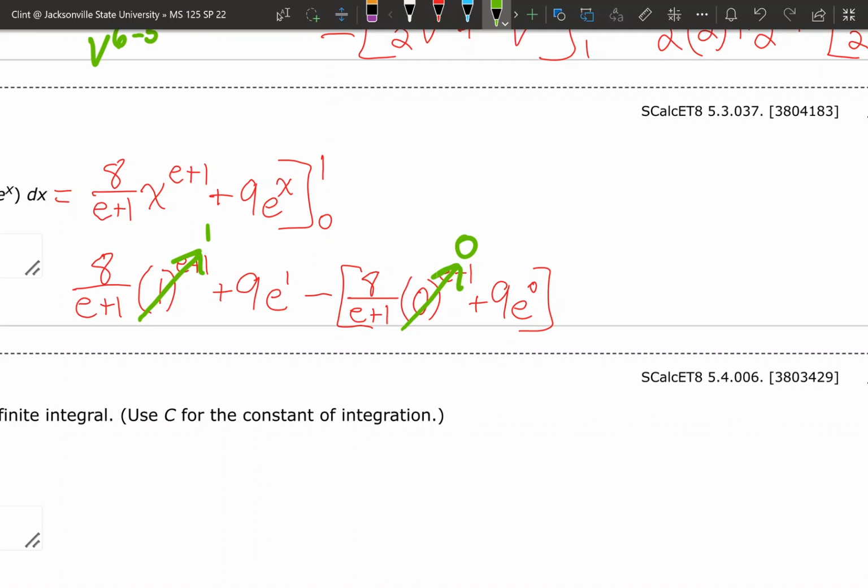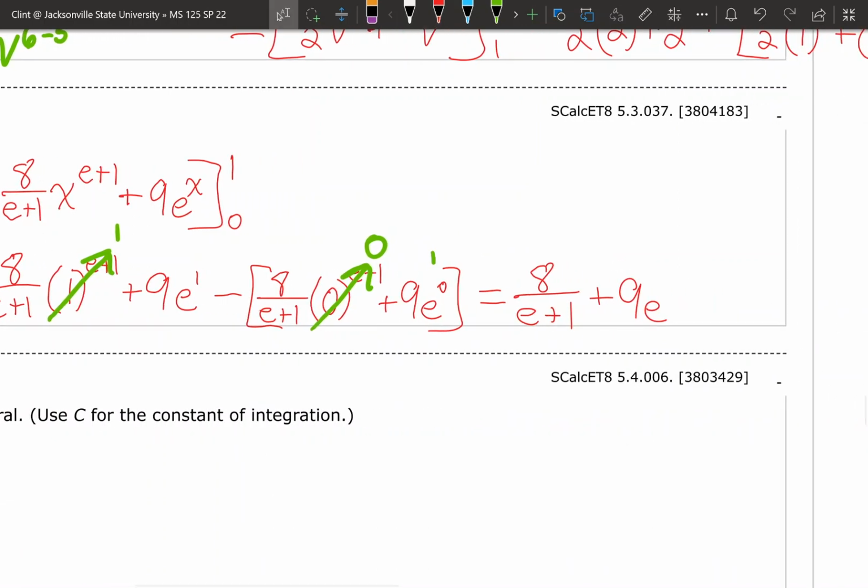And then e to the 0th power, what's that? 1. So a lot of this cleans up here. So we've got 8 over e plus 1 plus 9e minus what's left in the brackets, 9. That's a number.